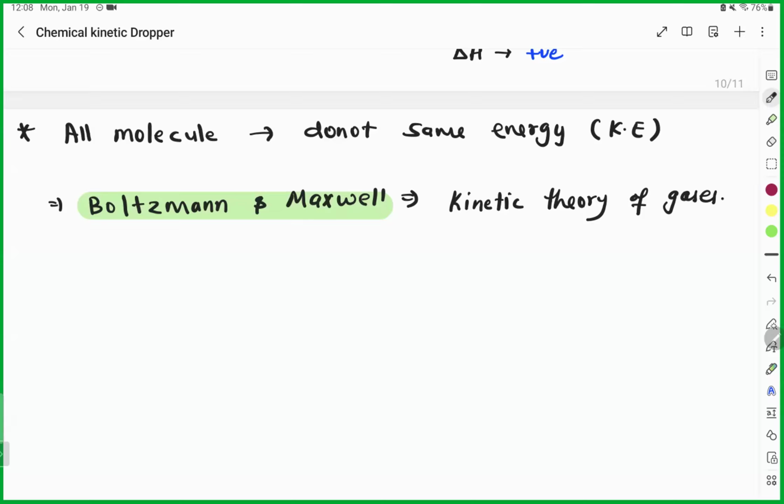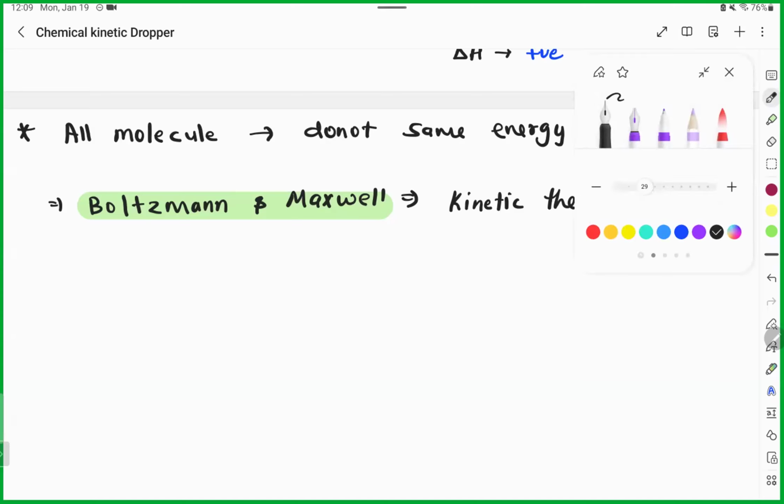Then Pratigya, what was the Boltzmann graph in the kinetic theory of gases? Any idea? Parabolic.